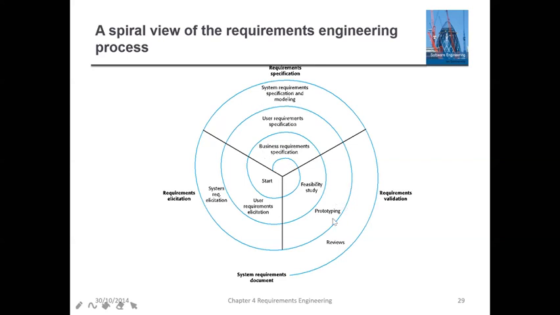When you go for validation, in requirement validation you have to validate what was there and how you are going to work it out. To know what was there, you have to do the feasibility study. Once you do your feasibility study, you go for prototyping. Then you have to review and do the comparative study also. Finally, you have to do the documentation.